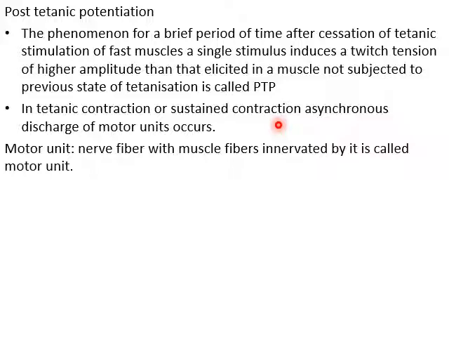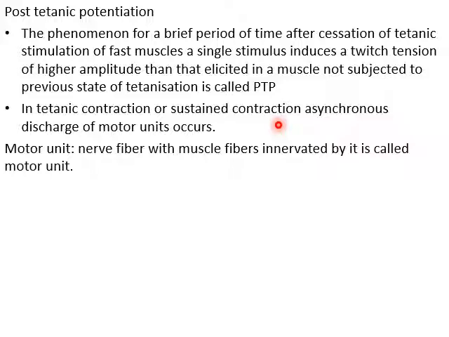One motor unit will be discharging at one point of time and another at another point, so that when we see the muscle as a whole, it is contracted. There is a sustained contraction in the muscle, but the motor units firing inside it are asynchronous. That is, they are firing at different times. One is firing, for example, at 5 minutes, the other would be firing at 8 minutes, 9 minutes, 10 minutes or so. But as a whole, the muscle is contracted, there is a sustained muscle contraction.